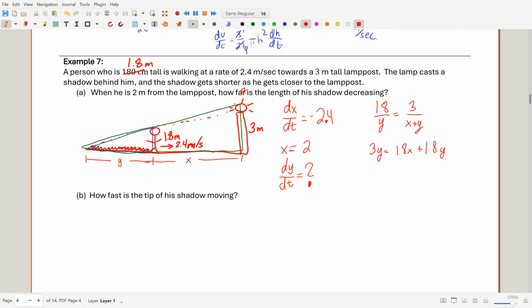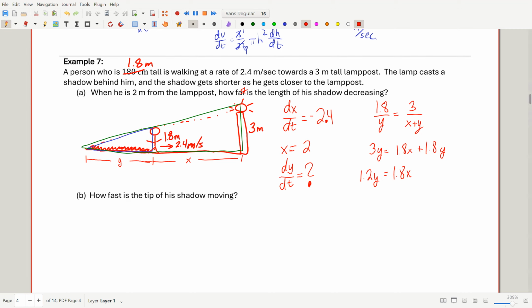And I could differentiate there, but I'm just going to collect all my y's on one side and make my life a little bit easier. Subtract 1.8y, and that should give me 1.2y equals 1.8x.